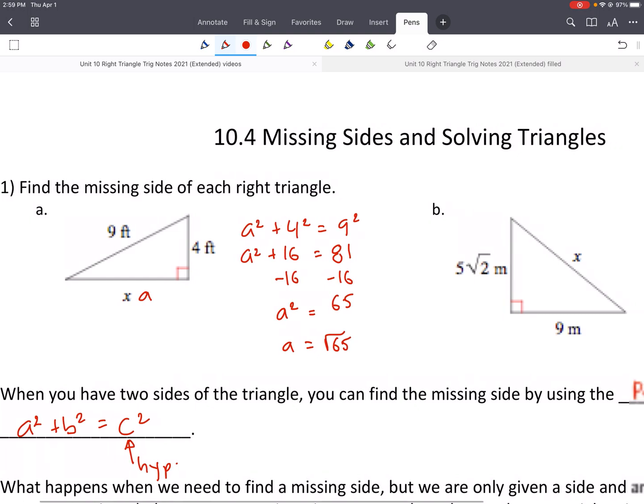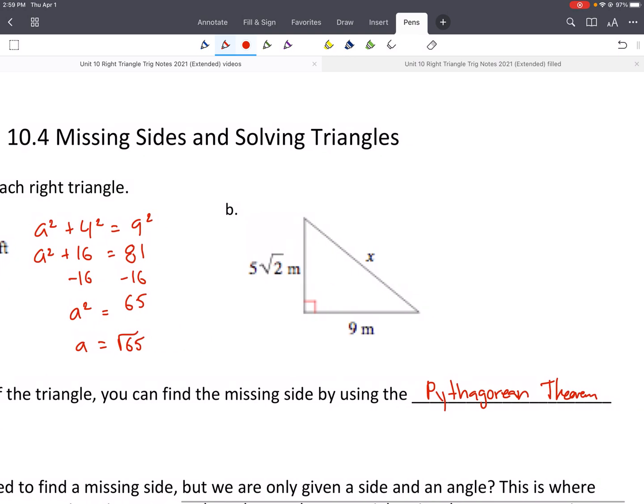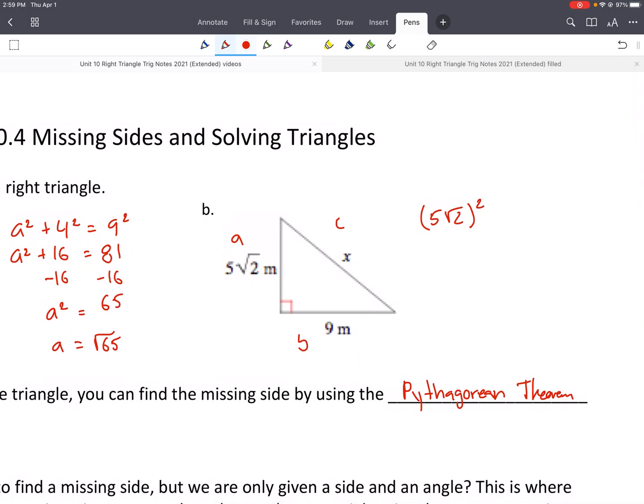All right. Here's another example. Maybe this one's a little different because we have a root, so this is a good example to go over again. We could say this is your a, b, and c. So we have 5 square roots of 2, and we're going to square that. Make sure you put a parenthesis, especially if you're going to use a calculator. And we'll do plus 9 squared is equal to x squared, or c squared, I guess we could call it c.